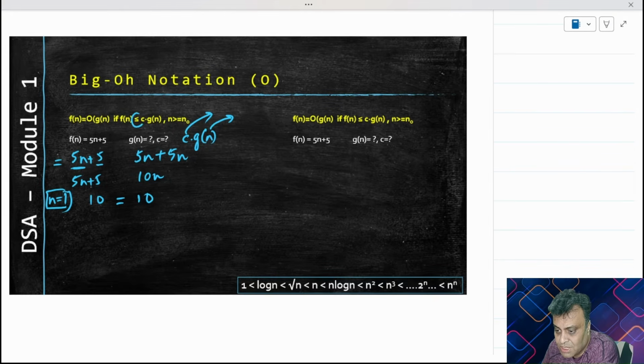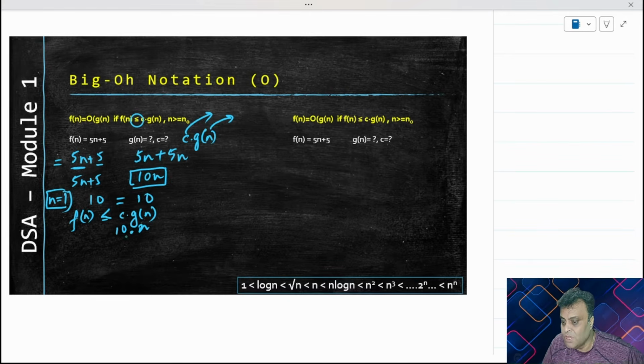So this particular operator gets satisfied. We can say now that my Fn is less than or equal to C dot Gn. And what is my C? My C is 10, my Gn is n. So we have found our C, we have found our Gn, and we have satisfied this equation.